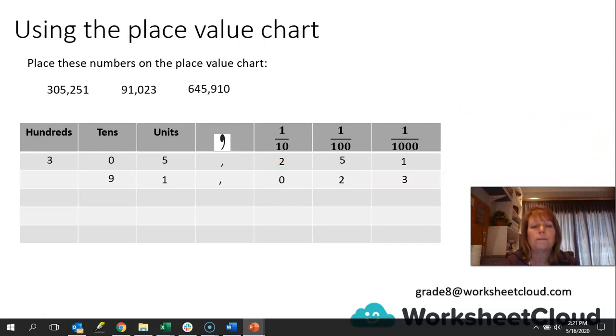The next one is 645,910. Now let's have a look here. 6 under the hundreds as normal, 4 under the tens, 5 under the units, our decimal comma, then 9 under the tenths, and 1 under the hundredth, and we can put that naught under the thousandth, but if we take that naught away, do you see that it will not change the value of the number?